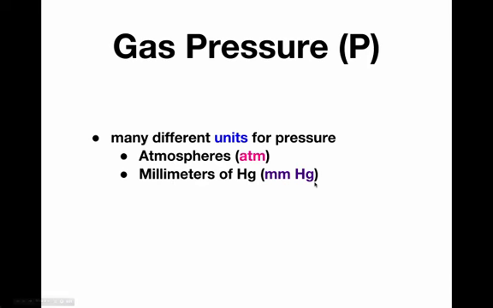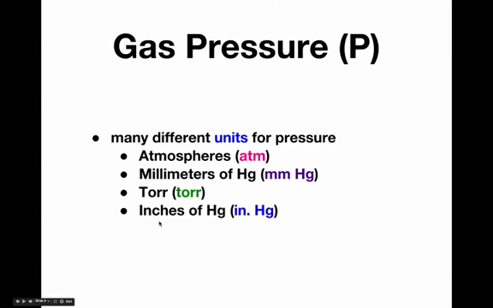There's a unit called torr, which is named after another famous dead chemist named Torricelli, and the abbreviation is just torr again. There's also inches of mercury, abbreviated In, and then the symbol for mercury, Hg.